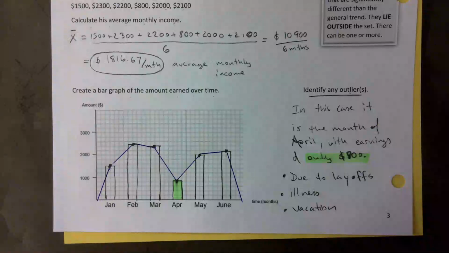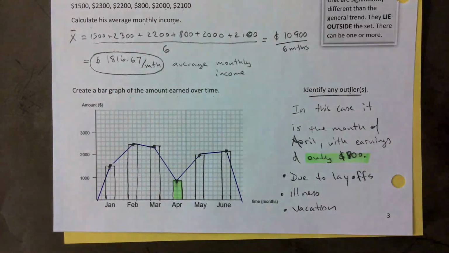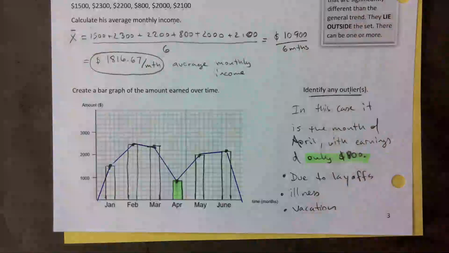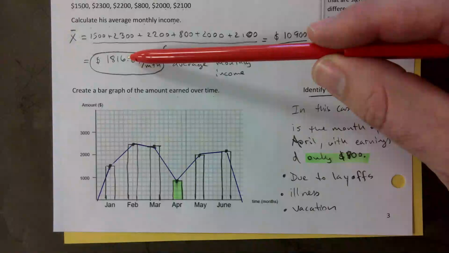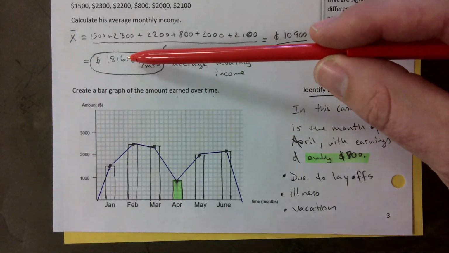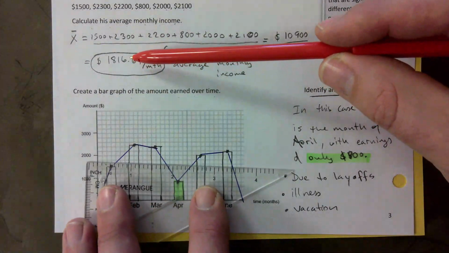Now I'm going to use a red pen for this one. How would you draw your average on this graph? On average, you're making $1,800 more or less. So go to 1,800, it's about there.